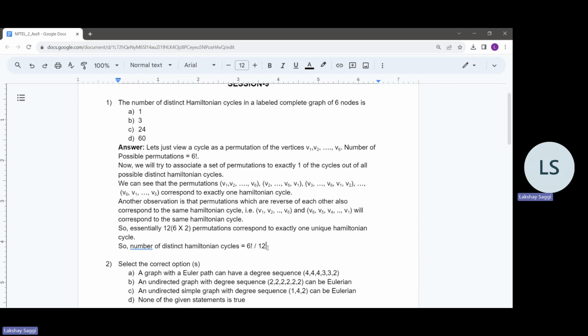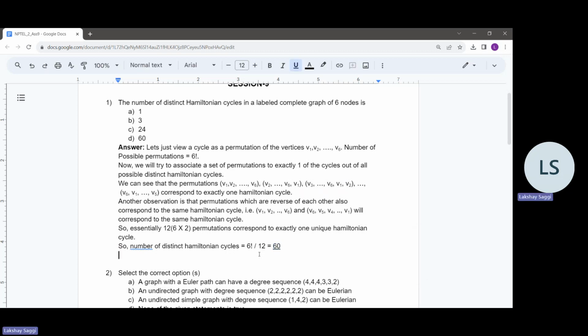And so we need to find the number of cycles. So 6 factorial divided by 12 will be nothing but 60. So the correct answer is hence option D.